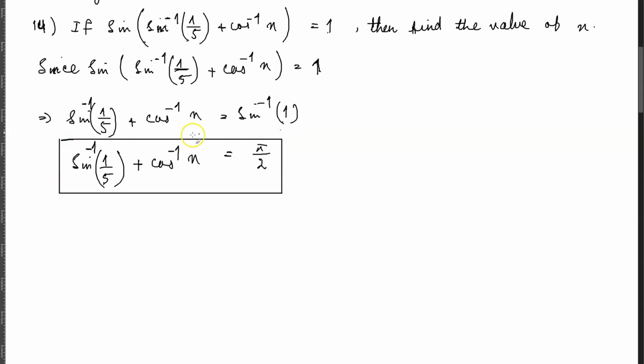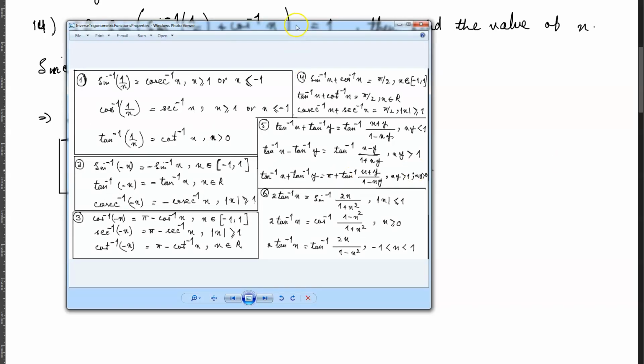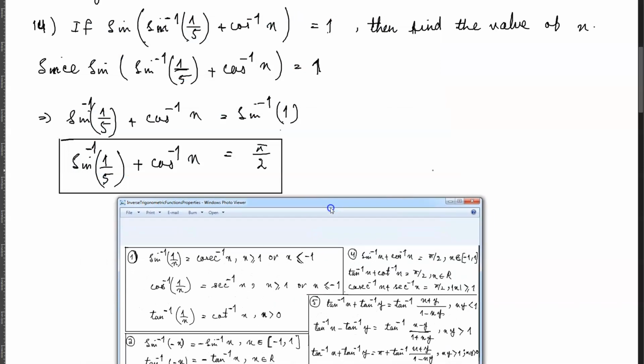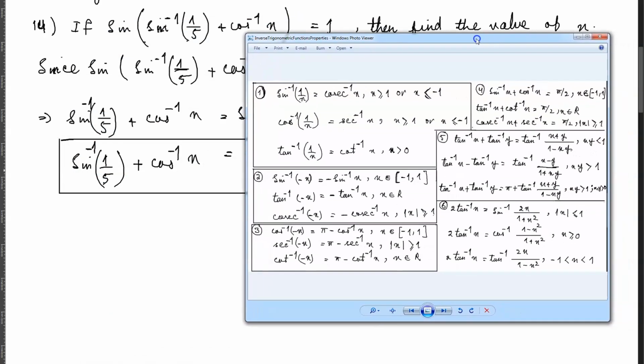Now, in the formulas that we had, we said that the sine inverse of x plus the cos inverse of x is equal to pi by 2, for all x belonging to -1 to +1, right?